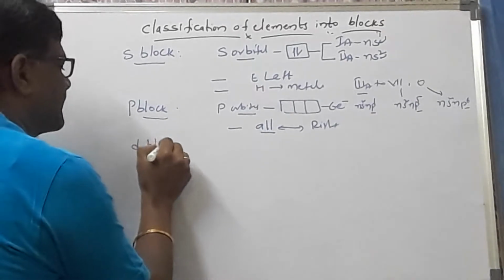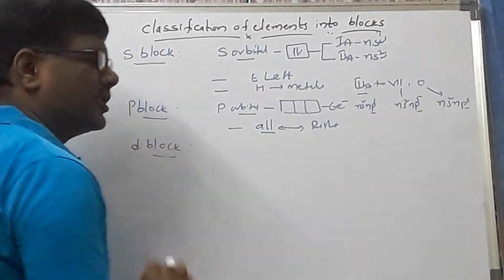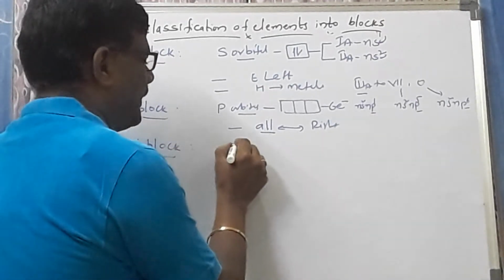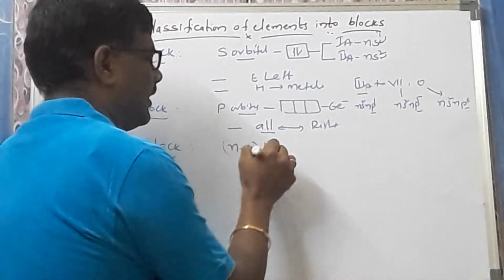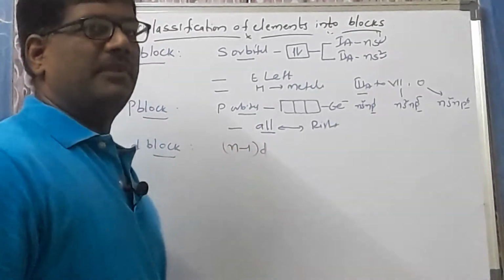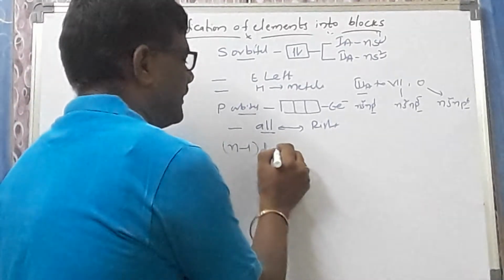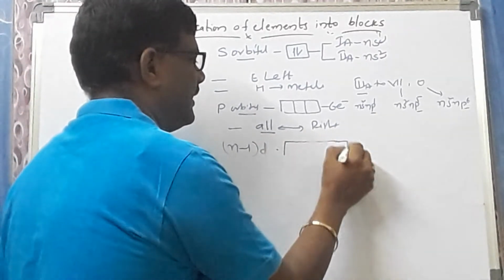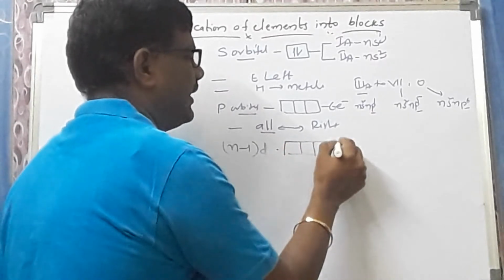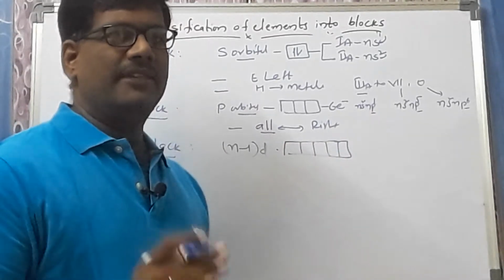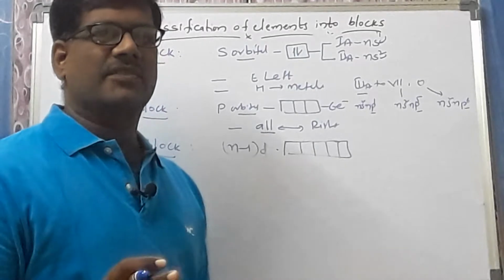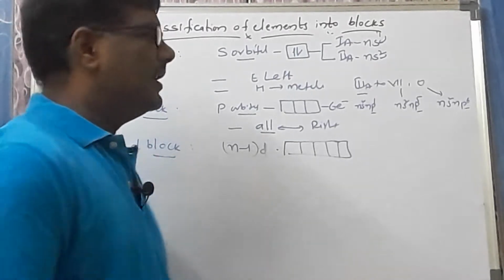D block elements. If the differentiating electron enters into the d orbital of the penultimate shell, those elements are said to be d block elements. The d orbital has 5 orientations: dxy, dyz, dzx, dx²-y² and dz².